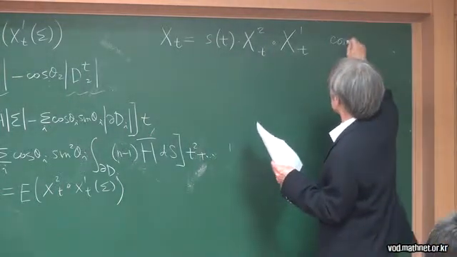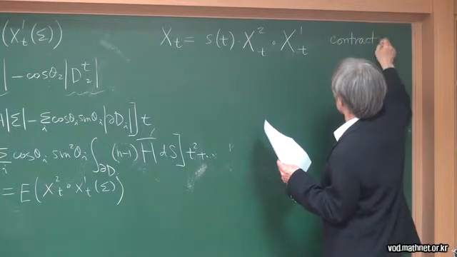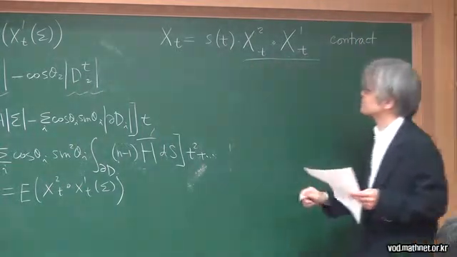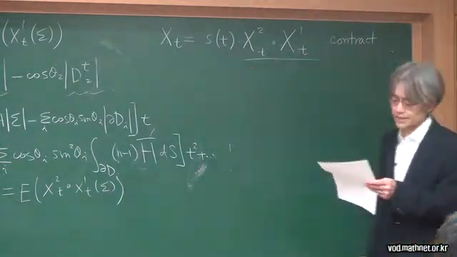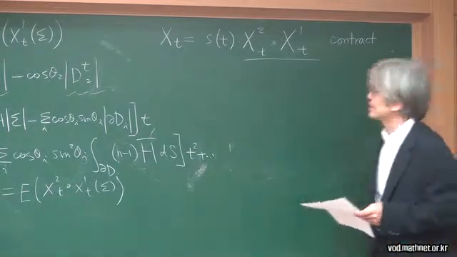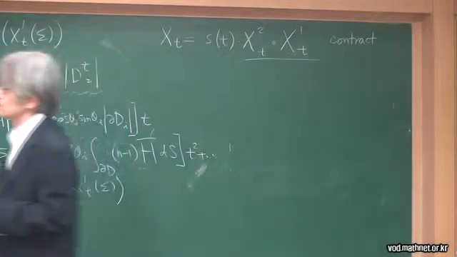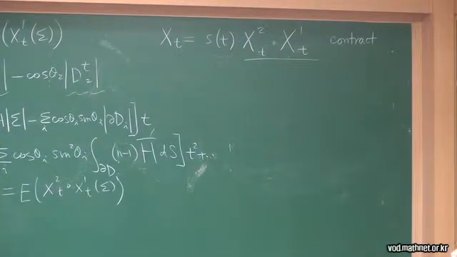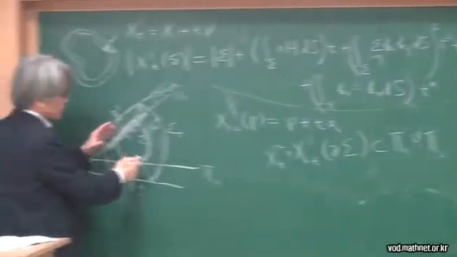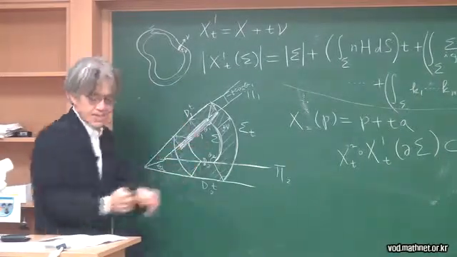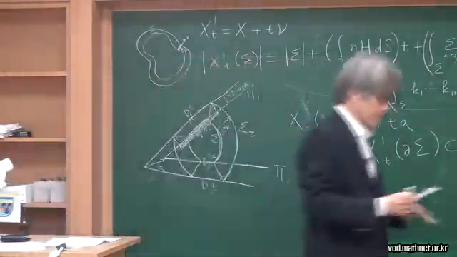Okay? So we contract this variation by this factor. Okay? Then we introduce this contraction factor in such a way that we contract this increased volume such that the resulting volume is the same as the initial volume.